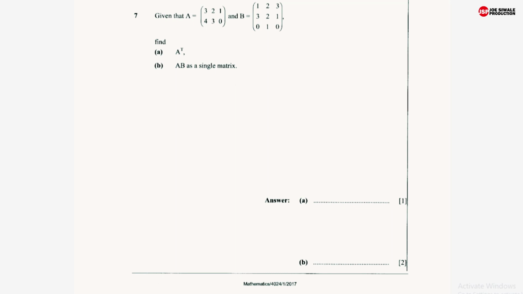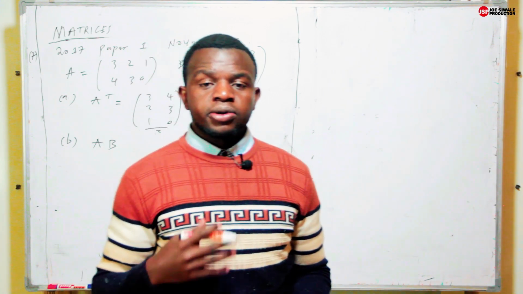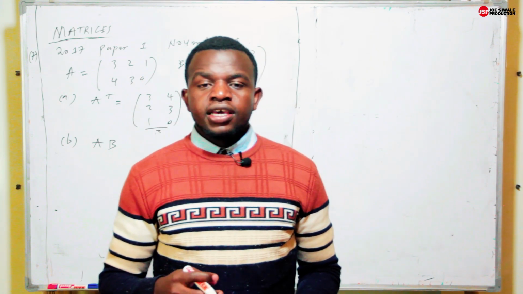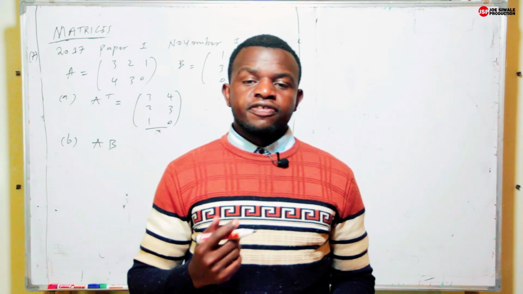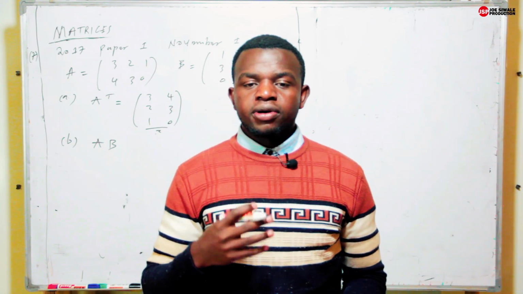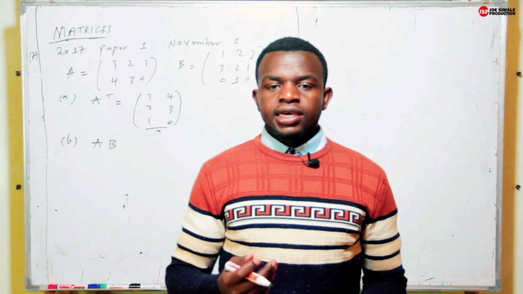Let us find B. So B requires us to find matrix AB as a single matrix. And we actually said in our lesson that you can only multiply two matrices if the number of columns in the first matrix is equal to the number of rows in the second matrix.